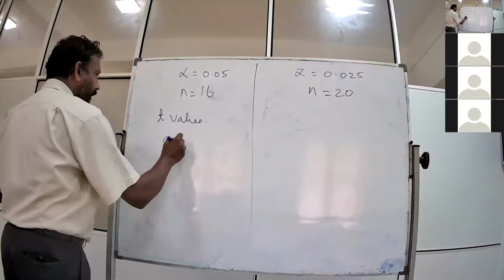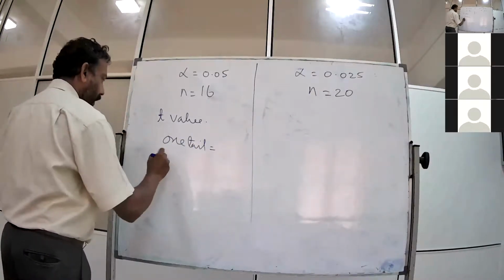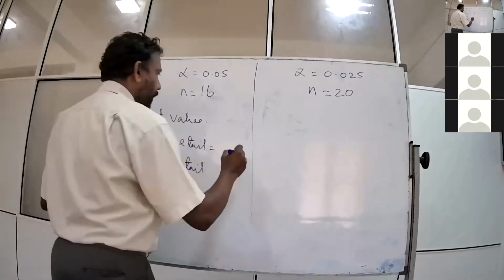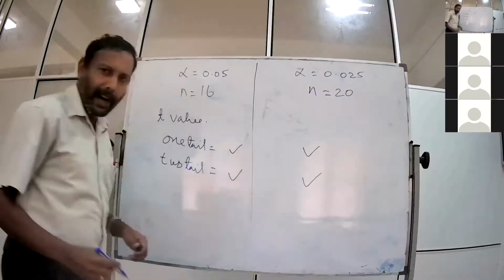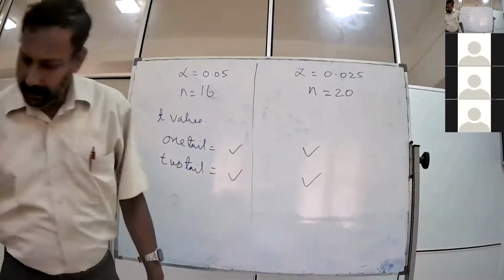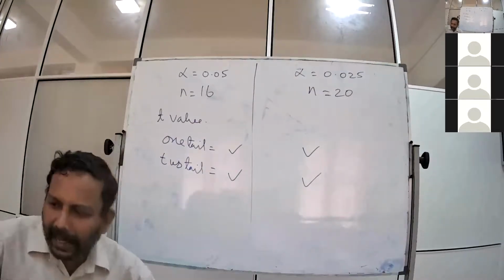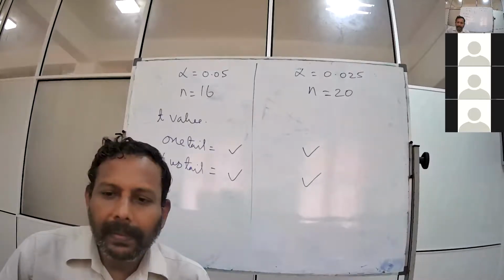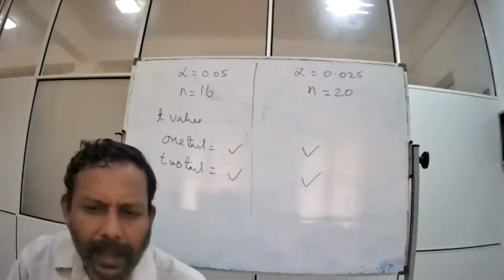If it is one tail and two tail, what are the answers? You'll have to send by chat, by looking at the table, by looking at the one tail and two tail.